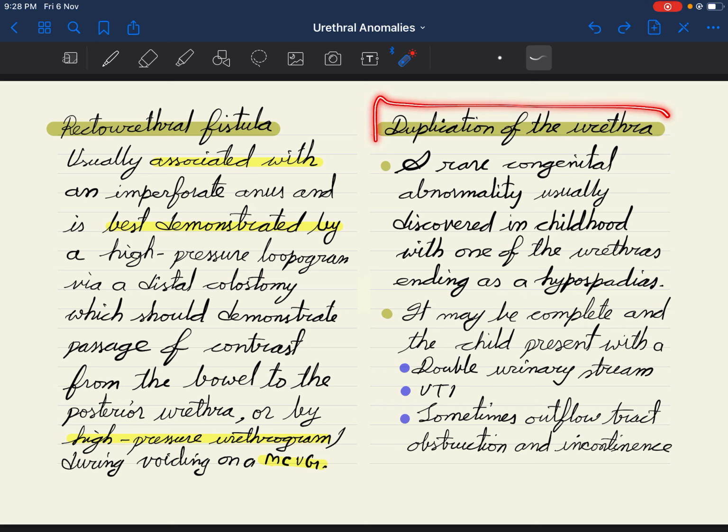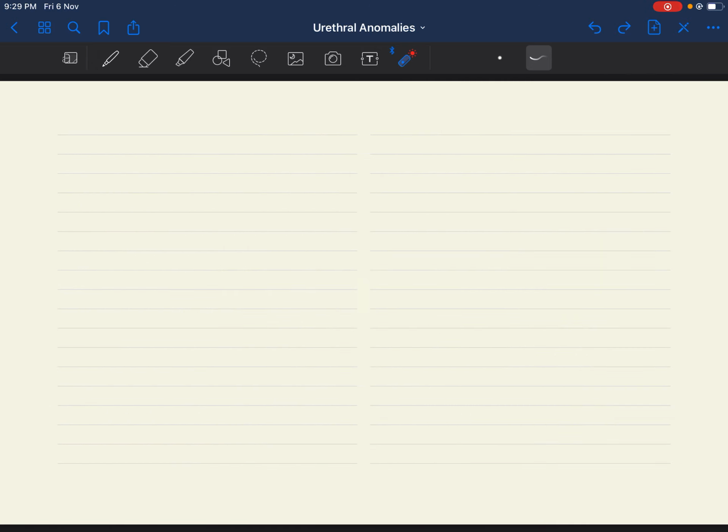Duplication of the urethra is a rare congenital abnormality usually discovered in childhood, with one of the urethras ending as a hypospadias. It may be complete and the child presents with a double urinary stream, urinary tract infection, sometimes outflow tract obstruction and incontinence. Thank you a lot for listening.